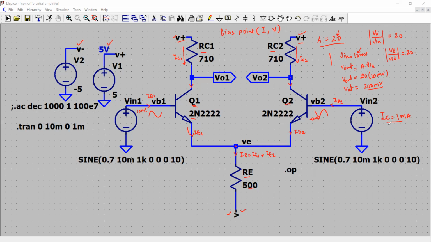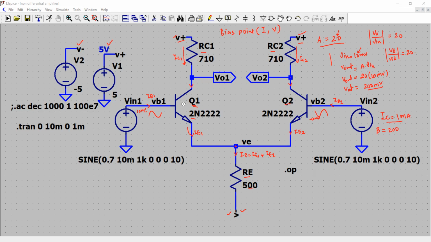Now, let's assume the transistor collector current is 1 milliampere and the beta of the transistors is about 200. Let me show you how we can find the beta value. Either I will Google the data sheet of the transistor, or the other way is using the circuit simulator.